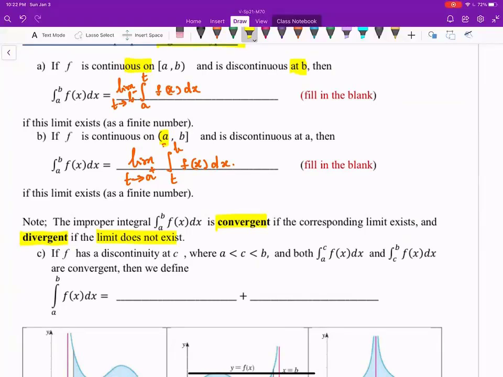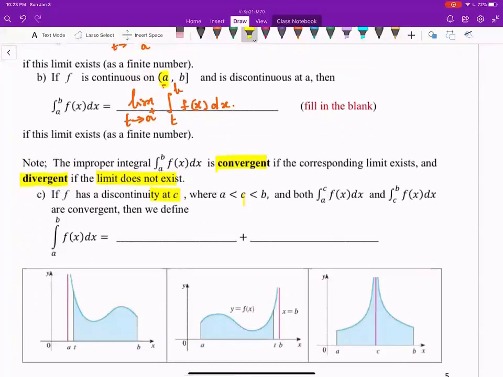If f has a discontinuity in between the interval, where the discontinuity occurs at c, and c occurs between a and b, and both the integral from a to c of f(x) dx and the integral from c to b of f(x) dx are convergent, then we write the integral from a to b of f(x) dx equal to the integral from a to c of f(x) dx plus the integral from c to b of f(x) dx.